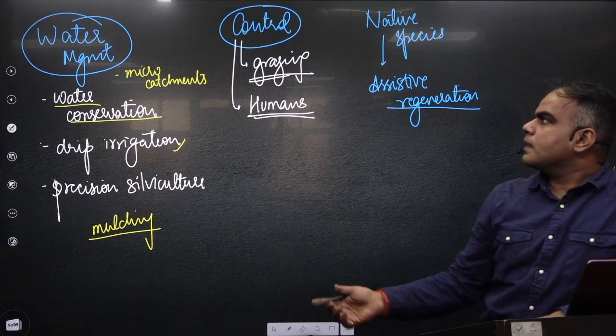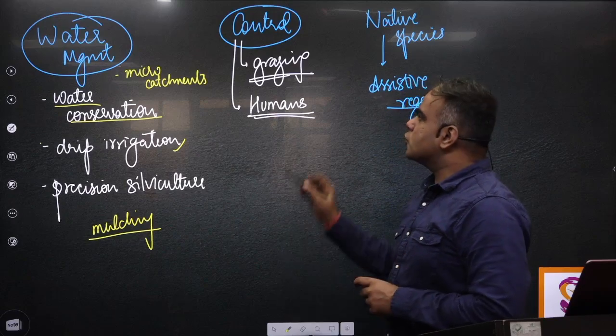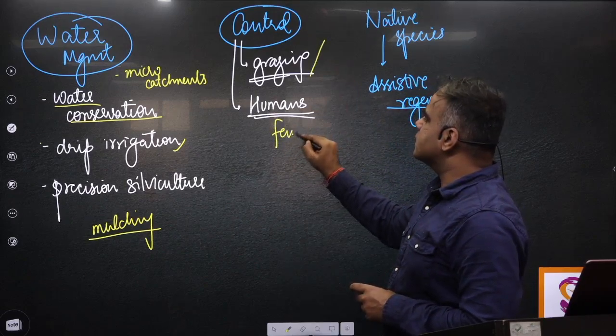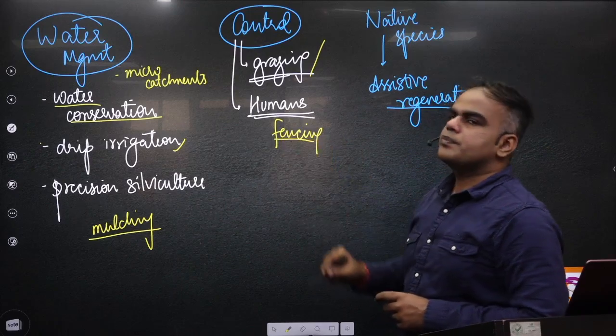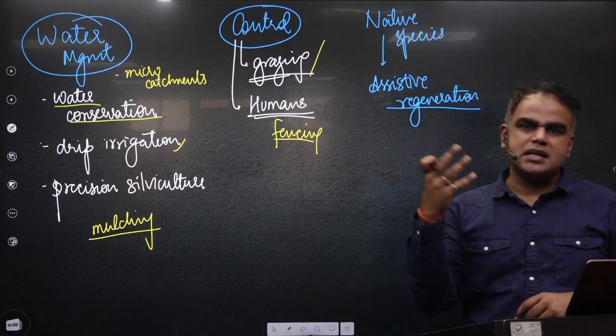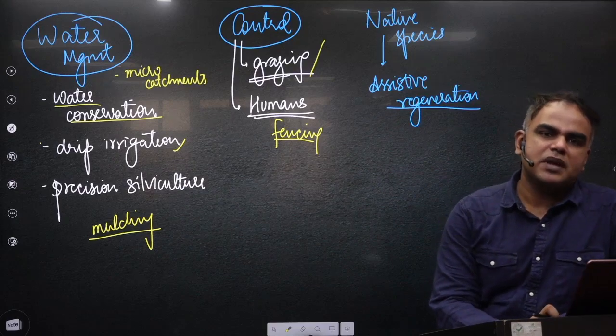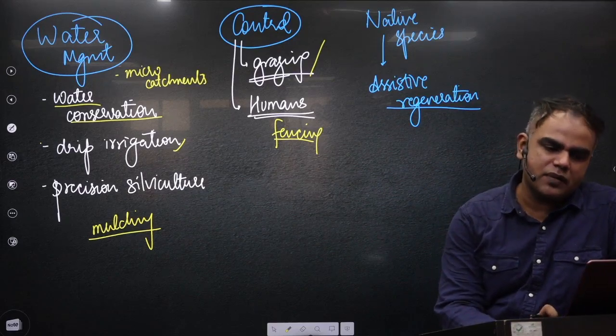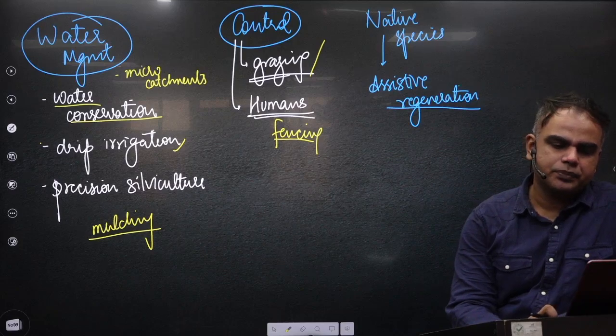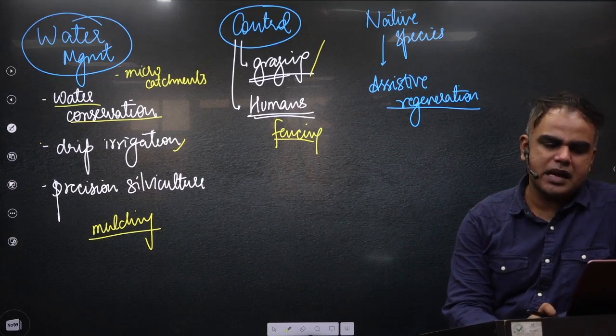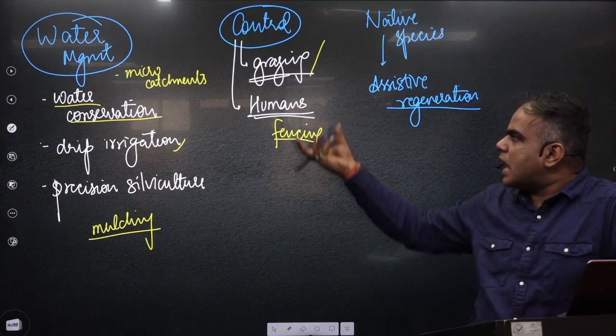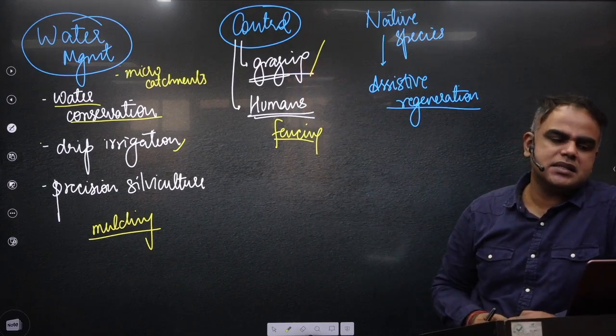Okay, talking of control, and here of course we can go for grazing, we can go for fencing. Okay, because the vegetation is already less in some of these regions. If there is uncontrolled grazing, so that will also be dangerous. Okay, so that can help. So here either you can write controlled grazing practices, fencing.